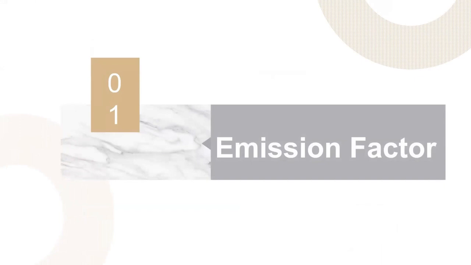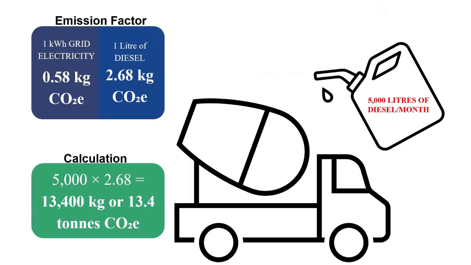What is an emissions factor? An emission factor is the average amount of greenhouse gases emitted per unit of activity. For example, burning 1 liter of diesel emits 2.68 kg CO2e. Consuming 1 kilowatt hour of grid electricity in Malaysia emits around 0.58 kg CO2e.